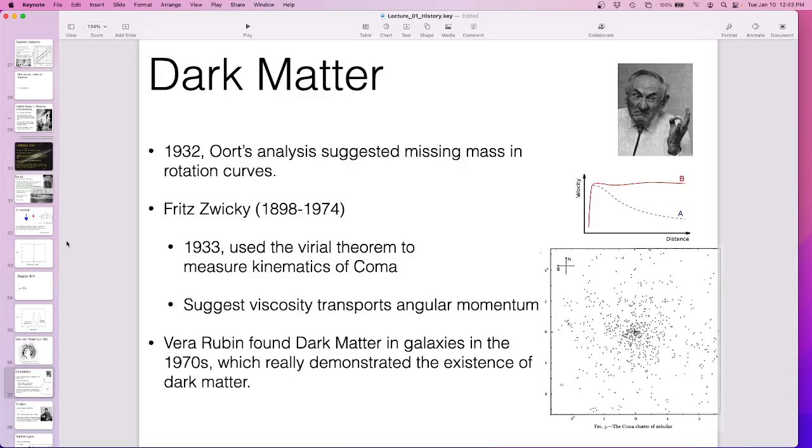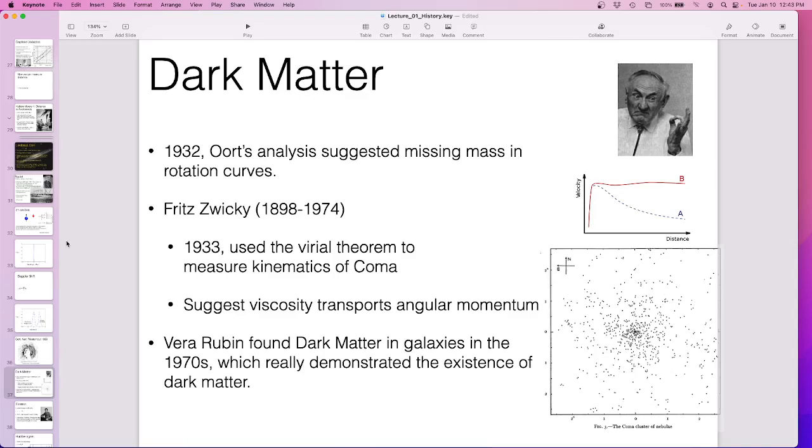Okay, Zwicky, this is Fritz Zwicky, who used the virial theorem to measure the velocity of the galaxies in the Coma cluster. And he found that they were way too high by orders of magnitude. So what he did was he said, okay, I'm going to measure all the light that I see and say that's the mass, and I know F equals ma, I know Kepler's laws, I know how fast these things should be going around, and they're not going around at that speed, they're going way, way, way faster.